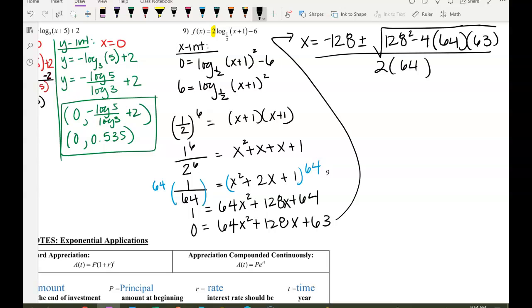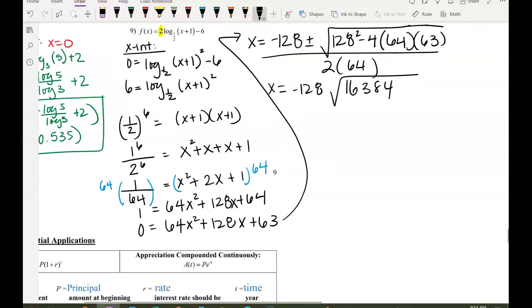Okay. Levi, what's 128 squared? 16,384. Thank you. Tamer, what's negative 4 times 64 times 63? Negative 16,128.